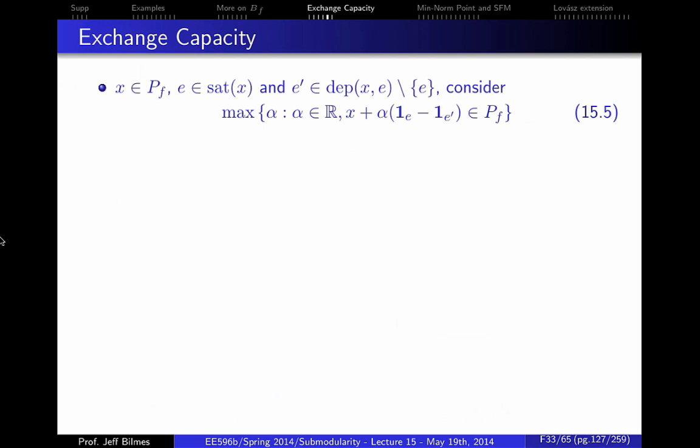So we can define it in this fashion, where we're taking E and E prime in a way that makes sense. The exchange capacity corresponds to the maximum value alpha, where alpha is a real value, such that starting at x, we can move positively in the E direction and negatively in the E prime direction and still be inside of the polytope.